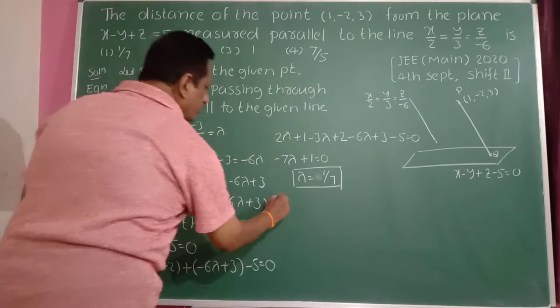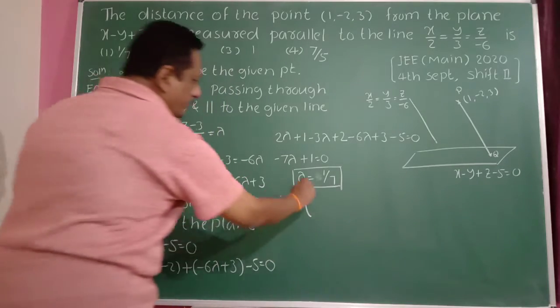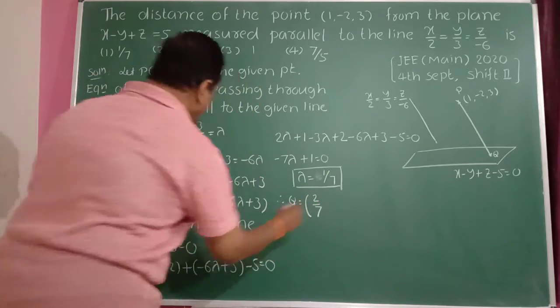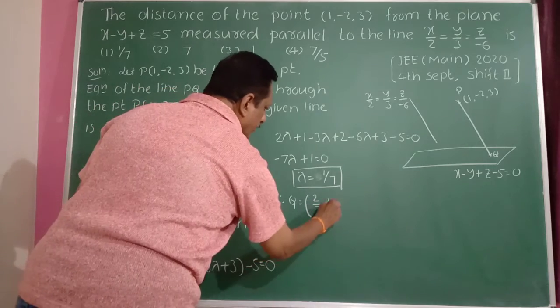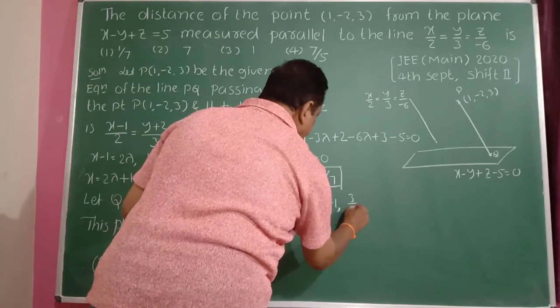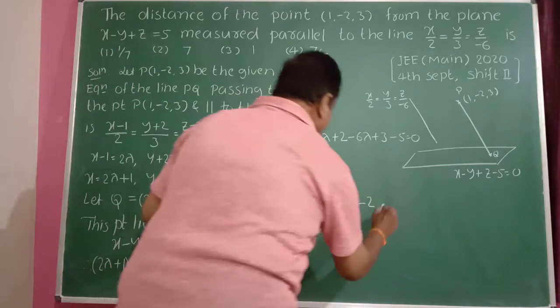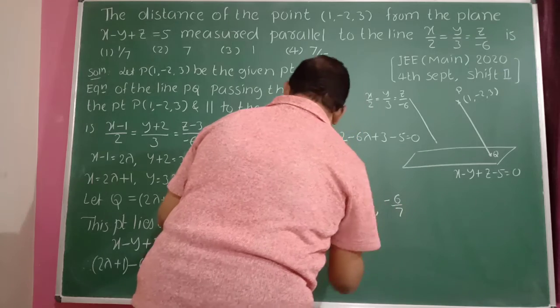Therefore Q = (2/7 + 1, 3/7 - 2, -6/7 + 3).